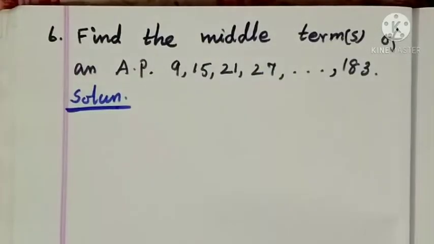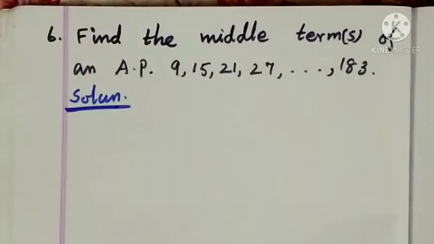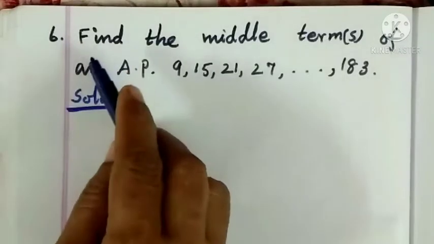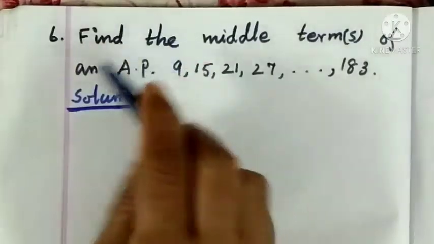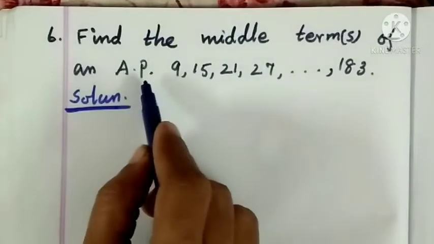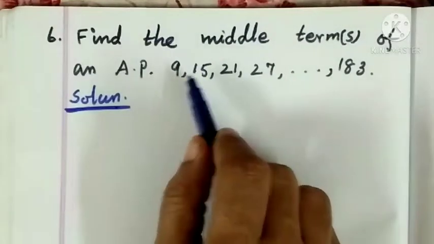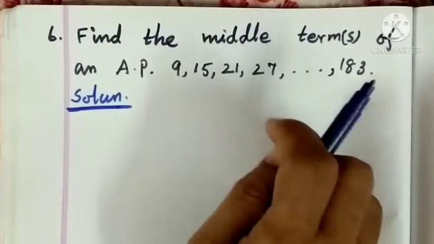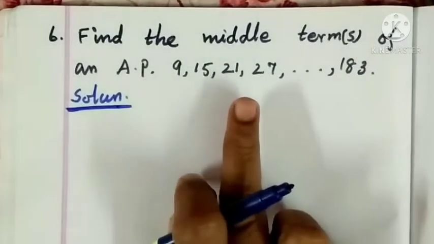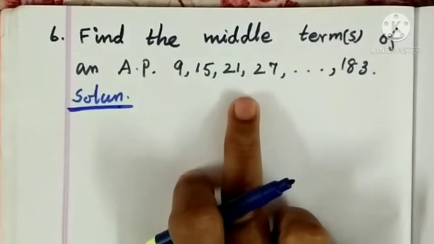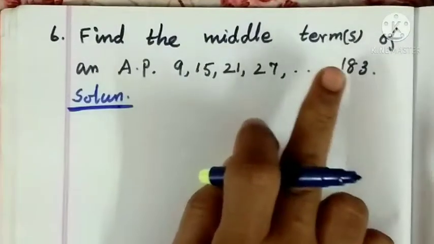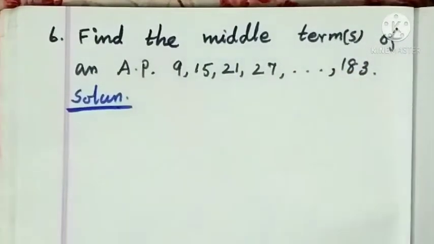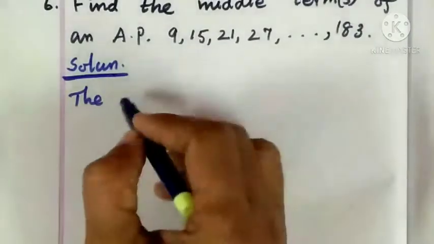Now we move on to the next sum, that is the 6th sum. See the question. Find the middle terms of an AP 9, 15, 21, 27 up to 183. In this question, the sequence of an AP is given. How to find the middle terms? Let us do the solution.